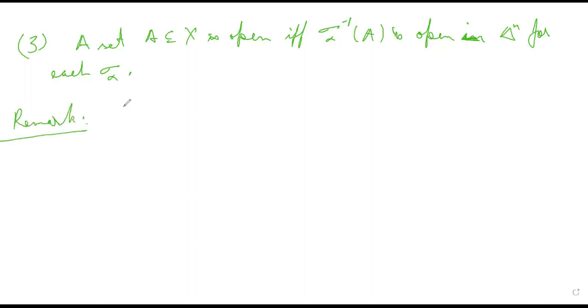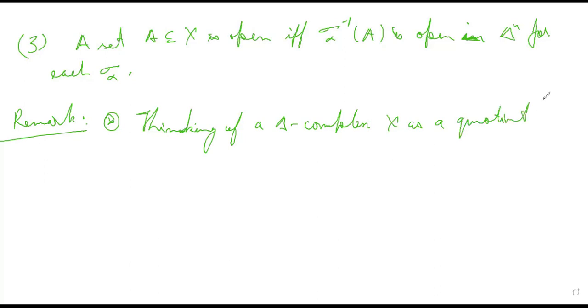Some remarks. The first remark is thinking of a delta complex X as a quotient space of a collection of disjoint simplices.